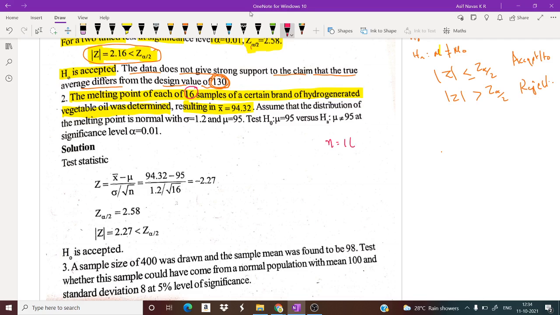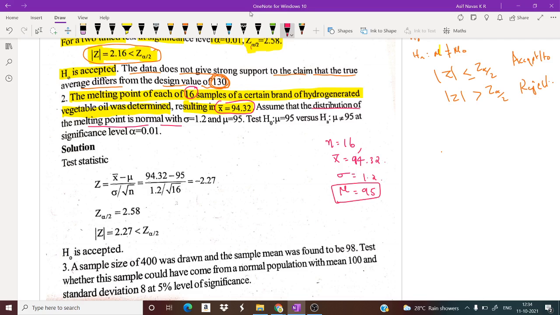So n is 16 and the sample mean x bar is 94.32. Assume that the distribution of melting point is normal, with population standard deviation given, and mu is given as 95.